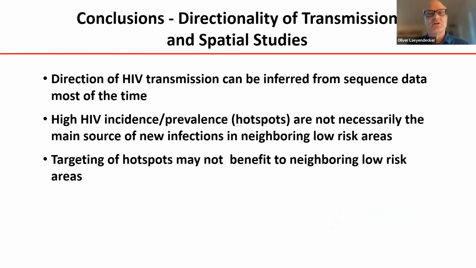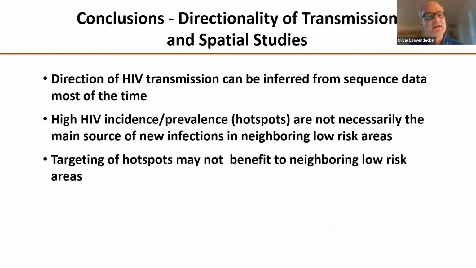So in terms of conclusions on these types of epidemiological studies on transmission and spatial studies, we see that the direction of HIV transmission can be inferred from sequence data, but it is not perfect. It is nowhere near perfect.